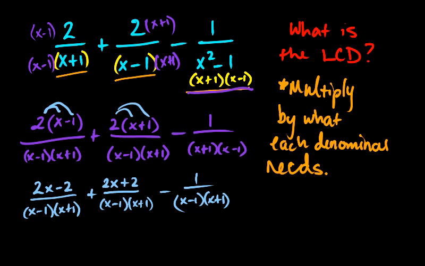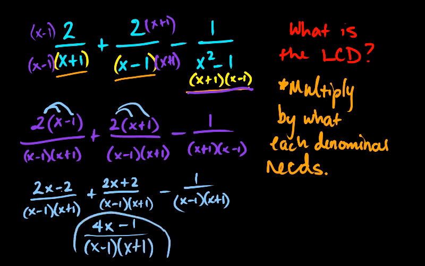So on the tops, I can do 2x plus 2x. So that would give me 4x. And then negative 2 plus positive 2 is 0. Minus 1 is minus 1. So on the top, I'd have 4x minus 1. On the bottom, I'd have x minus 1, x plus 1. And that is how you are going to add or subtract rational expressions. Make sure you have a common denominator. Let's try another one.